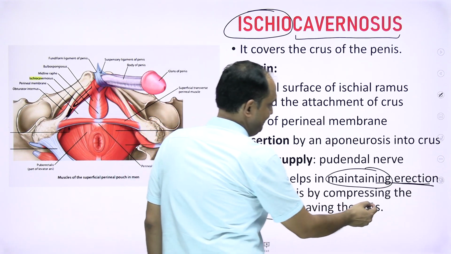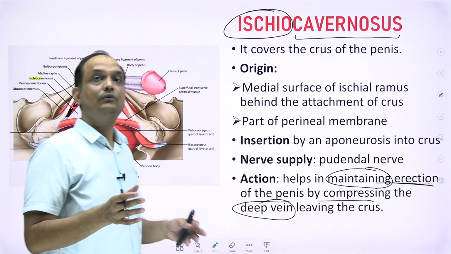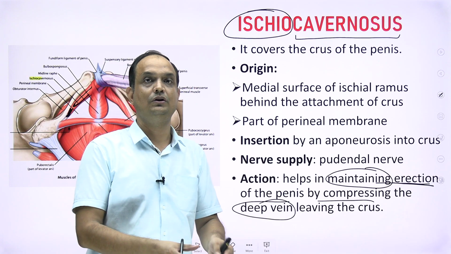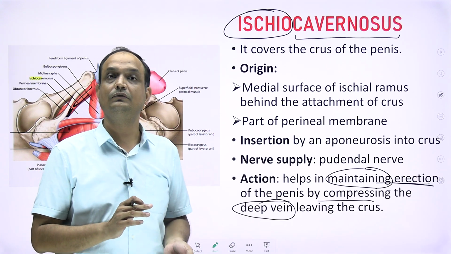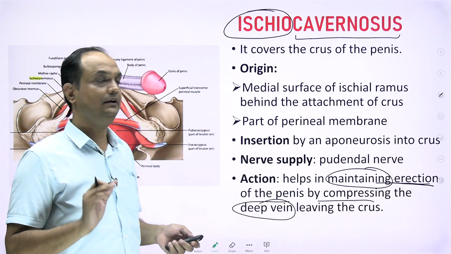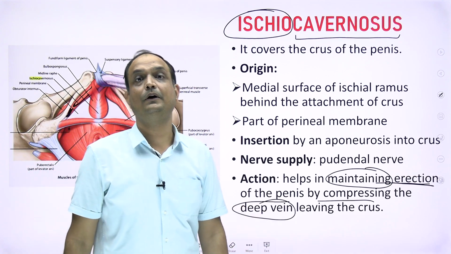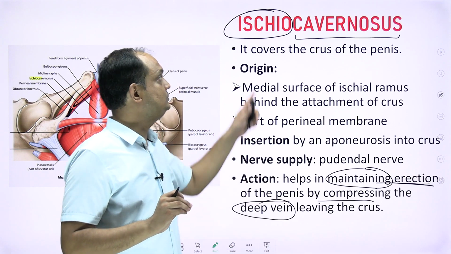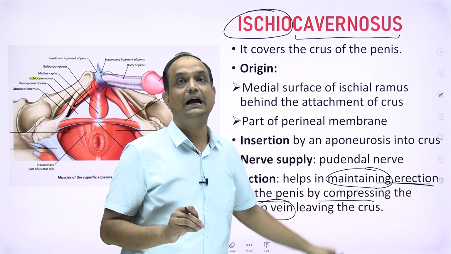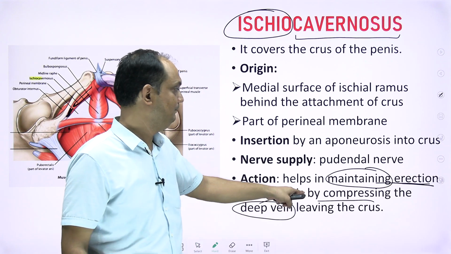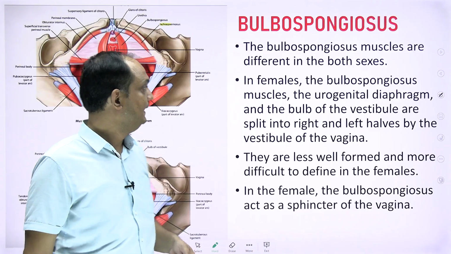Once you compress the deep vein, the venous drainage of the penis is obstructed. Once the venous sinuses are full of blood, the erection is maintained, and this is the important action of the ischiocavernosus. It provides compression on the crus of the penis, and the crura have an impact on the erection.